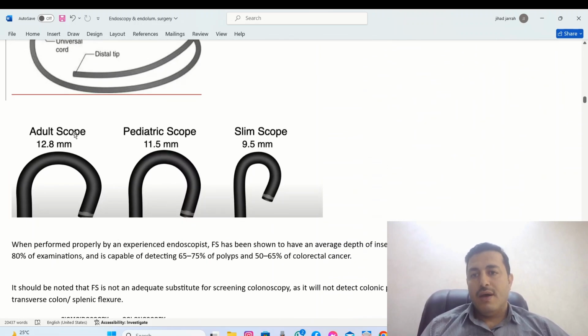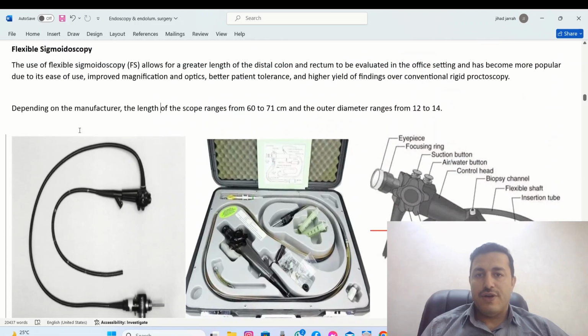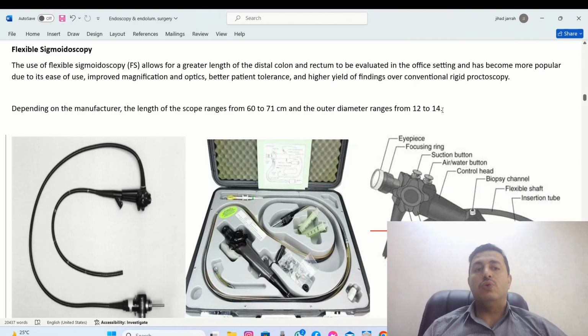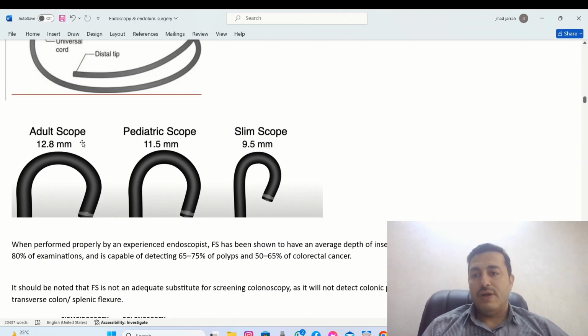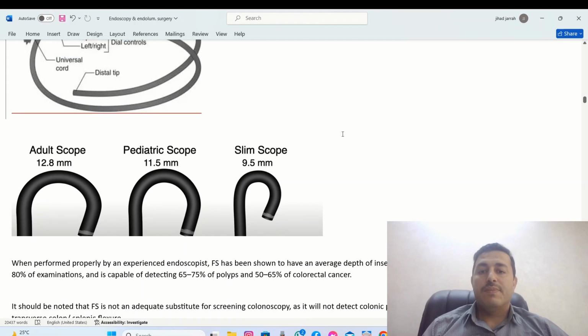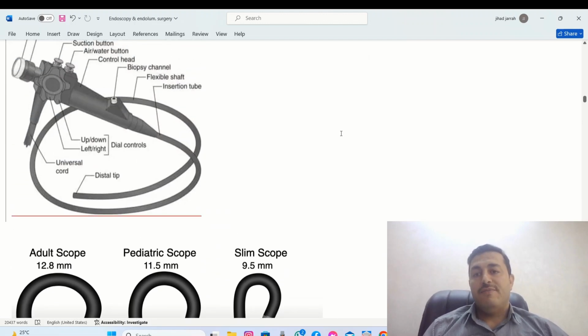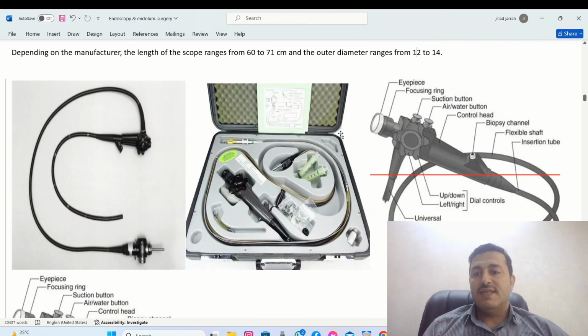The length of the scope depends on the manufacturer. It could be from 60 to 71 centimeters, and the outer diameter from 12 to 14 millimeters, and can also be smaller. This is the adult scope, the diameter 12.8, pediatric 11.5, and even a slim scope can be 9.5 millimeters.